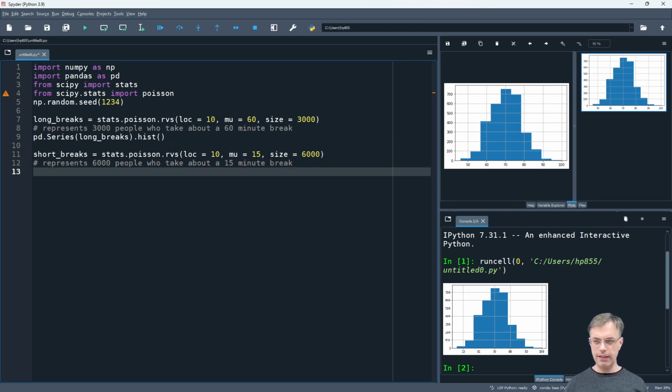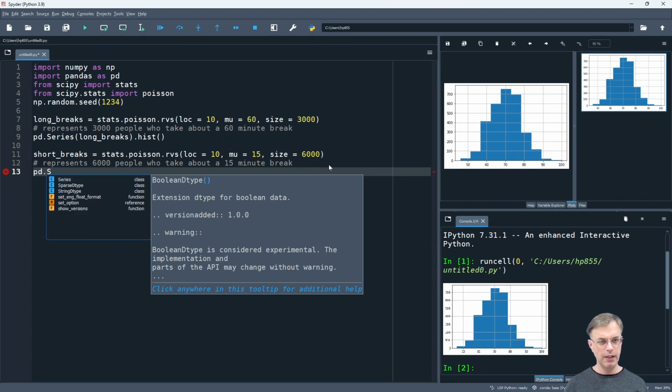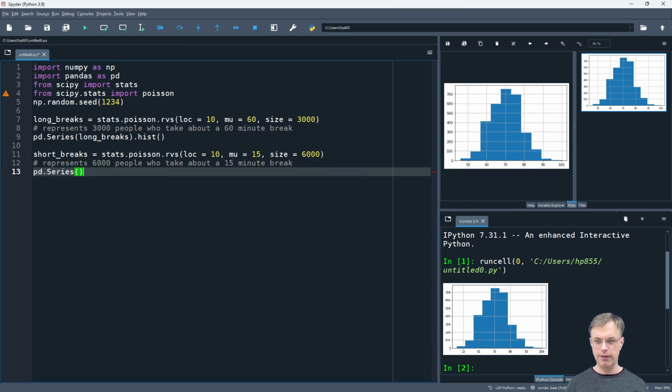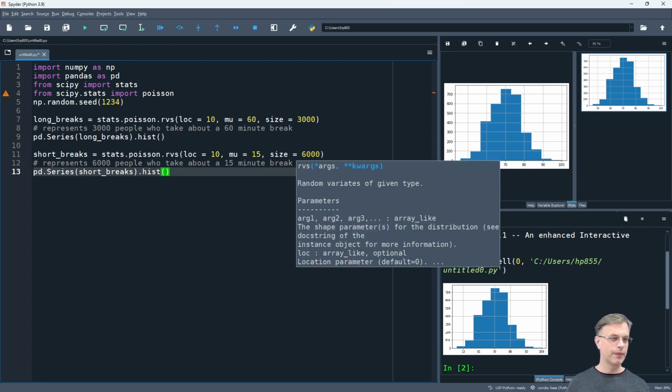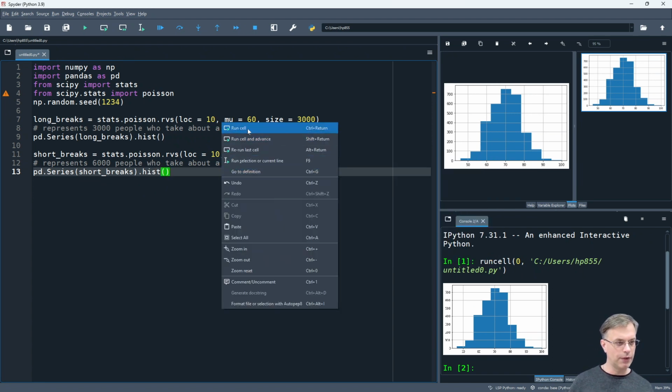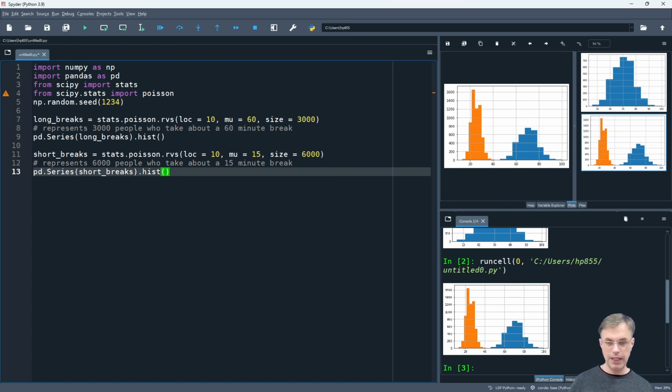And again we need to plot it, so pd.Series short breaks and hist. Done. Okay, let's try to run it this time, and we get the two.